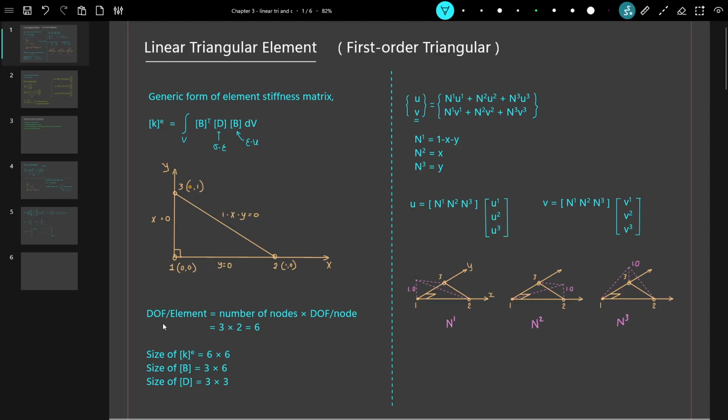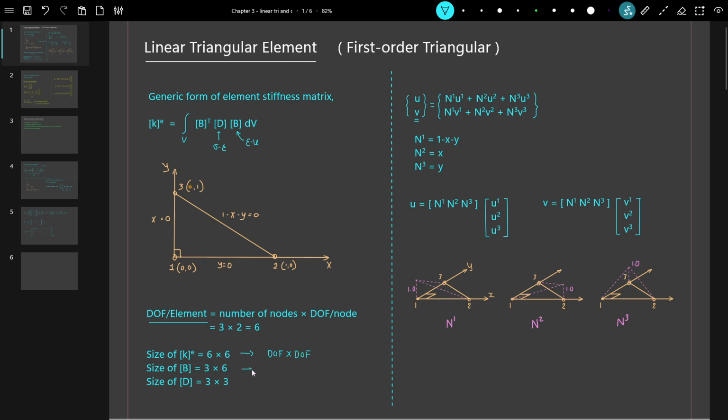Okay, so this we have seen in the last lecture: how to know the size of the K, B and D matrices. Basically, degree of freedom per element is the number of nodes times degree of freedom per node. So 3 into 2 is equal to 6. So the size of the K matrix is degree of freedom per element by degree of freedom per element.